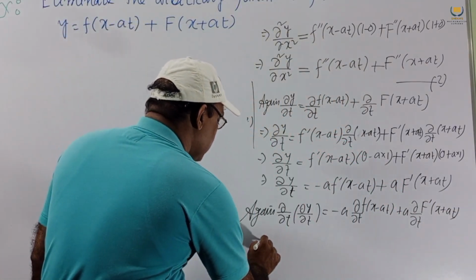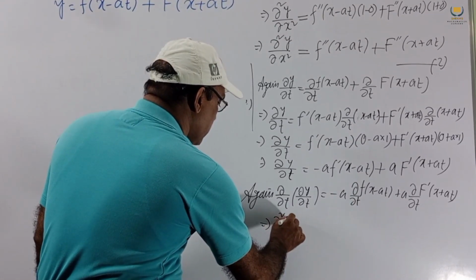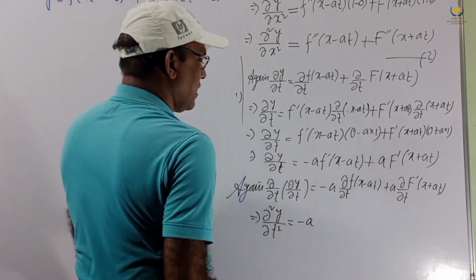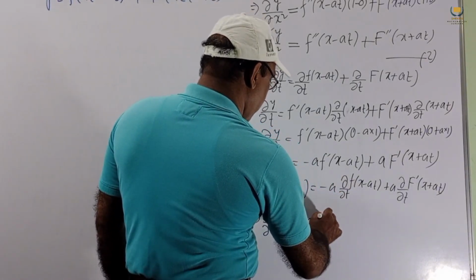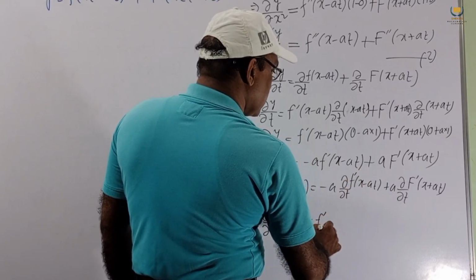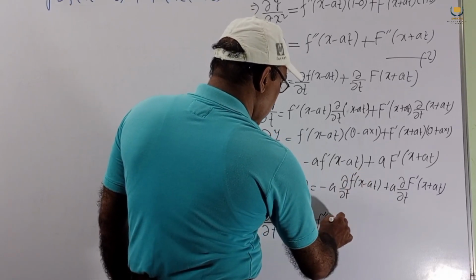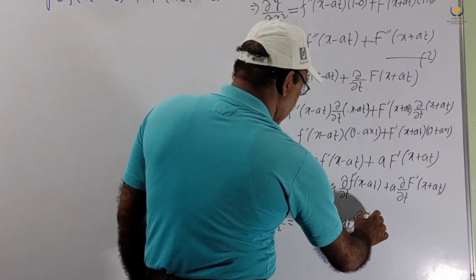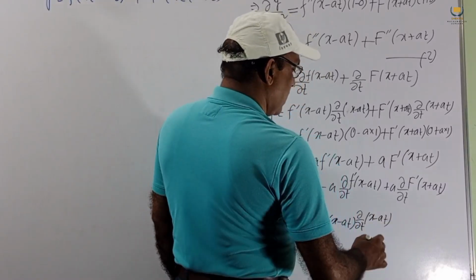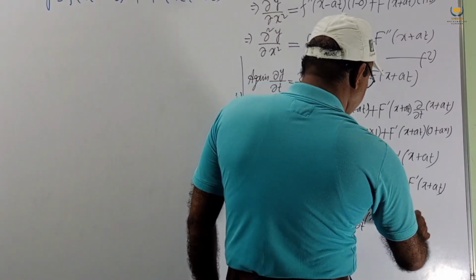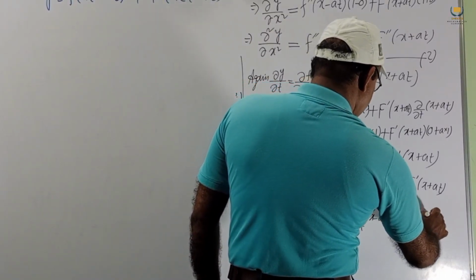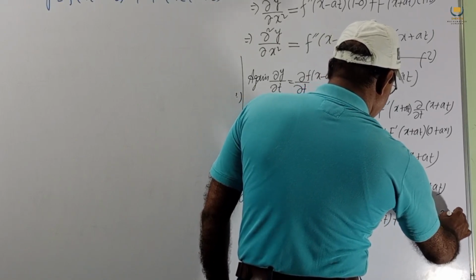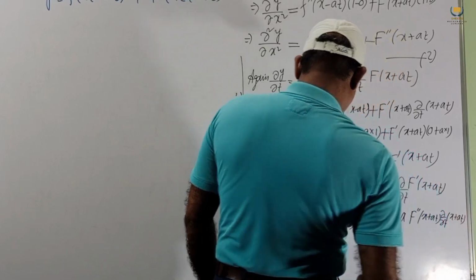So this implies ∂²y/∂t² = −a f''(x − at)·∂/∂t(x − at) plus a F''(x + at)·∂/∂t(x + at).